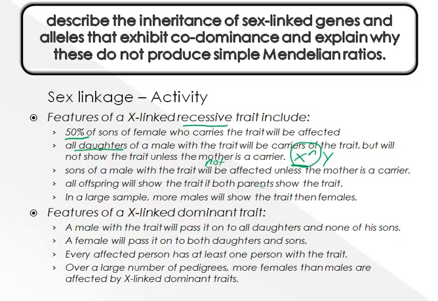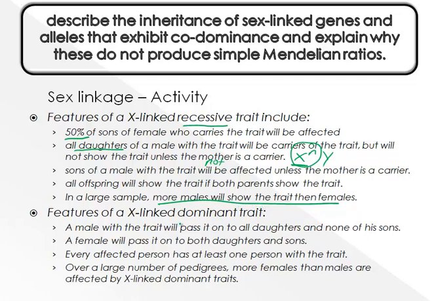All offspring will show the trait if both parents show the trait. In a large sample, over many times, more males will show the trait than females. So for colour blindness, there are more males with the colourblind trait than females.